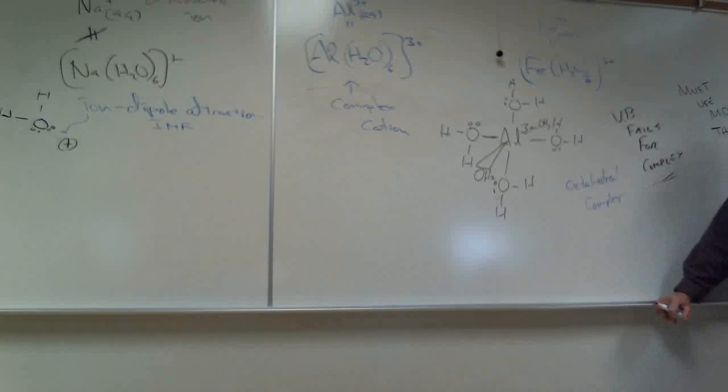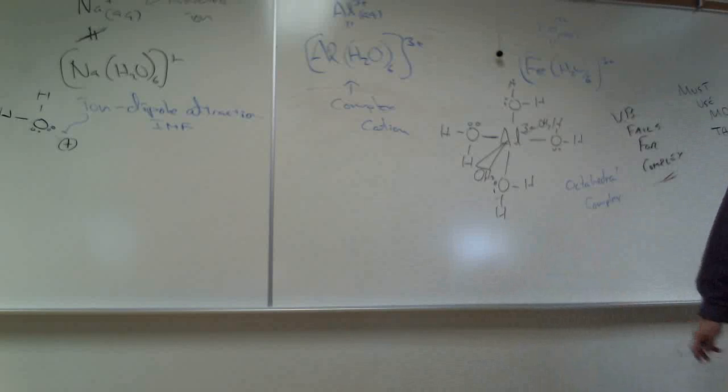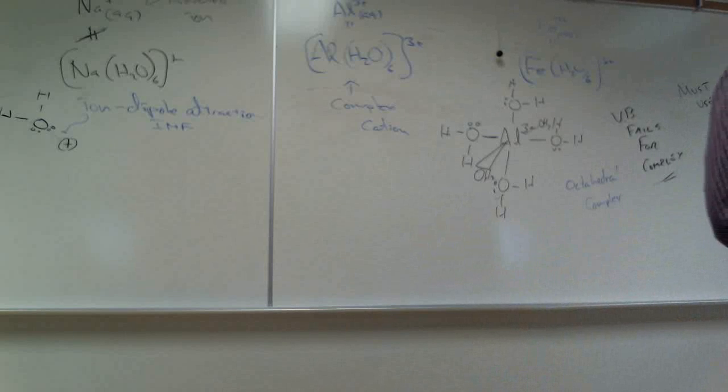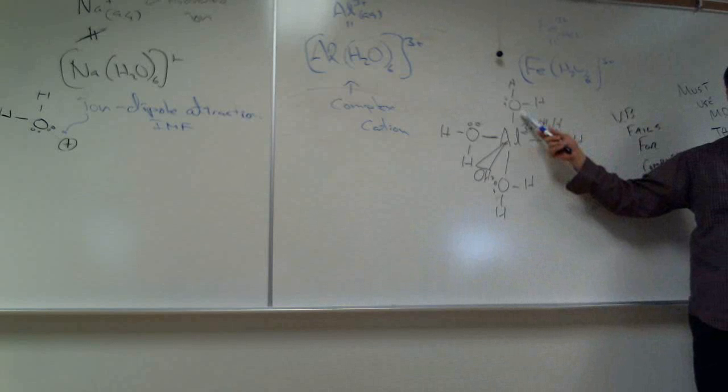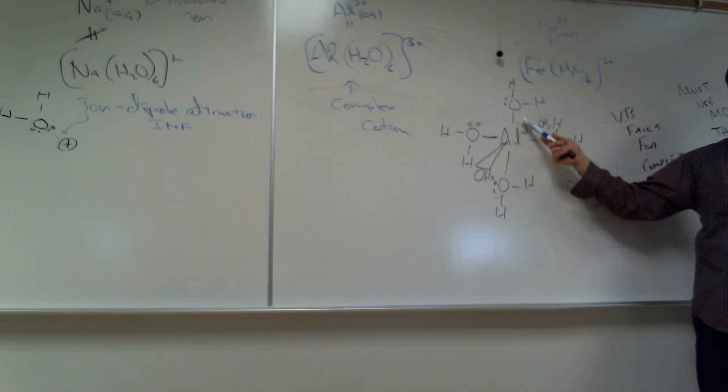Another thing is, what are the ways of counting electrons? Formal charge, oxidation state, octet. Okay, for complexes, throw those out. We aren't going to use those. For complexes, you'd say the formal charge on this oxygen is +1, right?